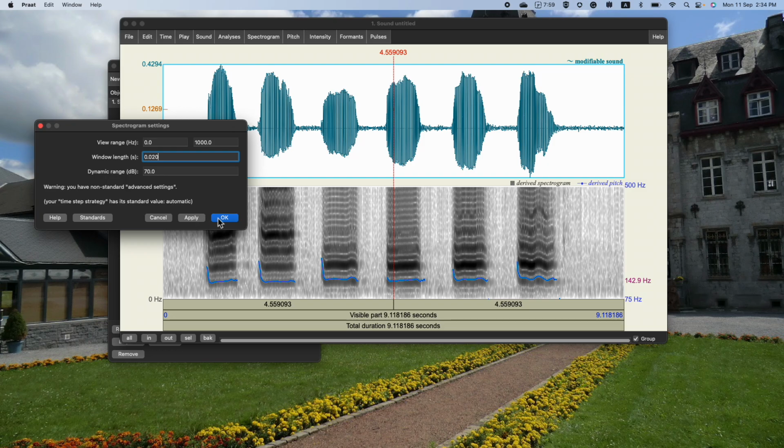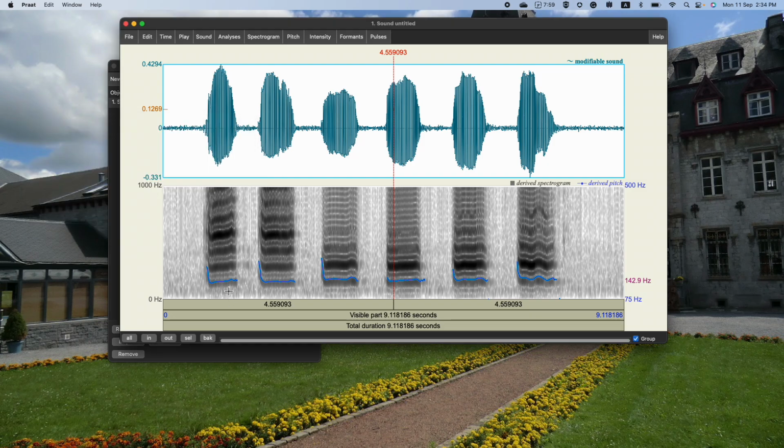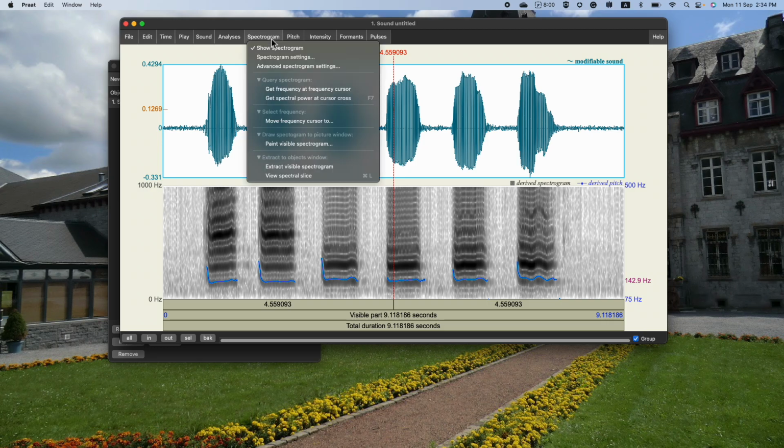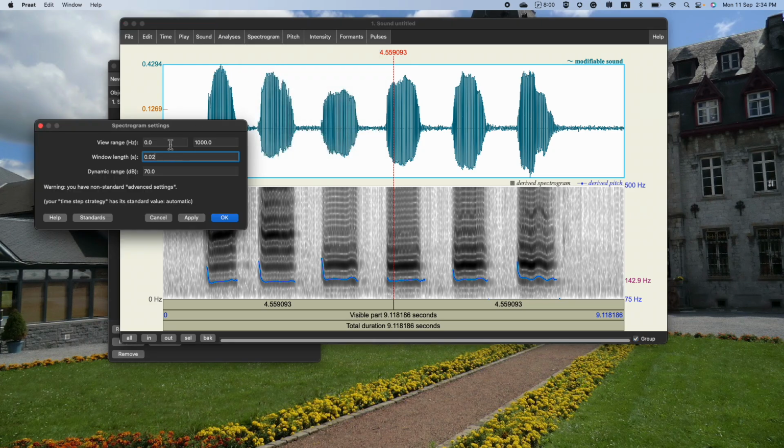20 milliseconds. So what you see here is, this is A, you can hear. E, E, U, U. You can see here you have dark bands extended to quite some height. Oh, actually this is only 1000 Hertz, so let's change this viewing range.